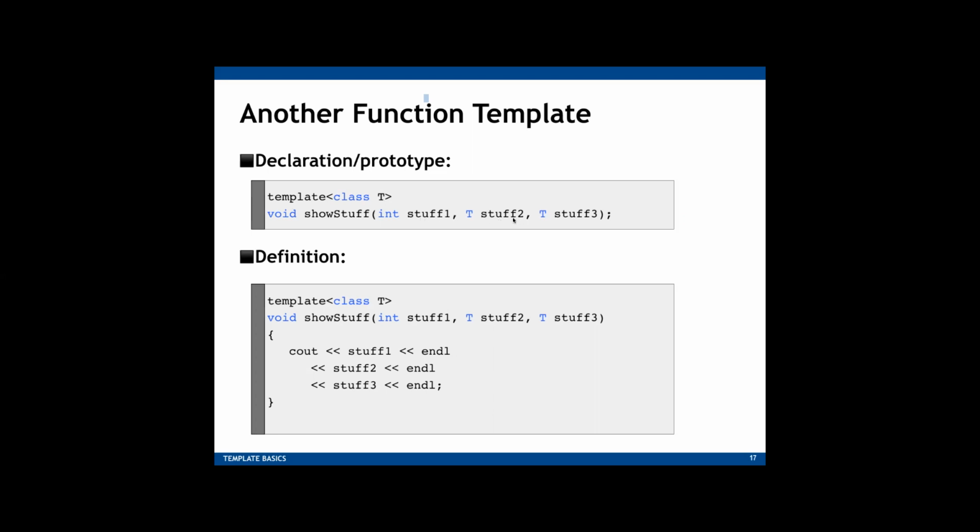The type of the first argument is int, it's fixed. And we use the type parameter T for the second and third arguments. The definition of this function just prints the values of the 3 arguments, stuff1, stuff2, and stuff3.